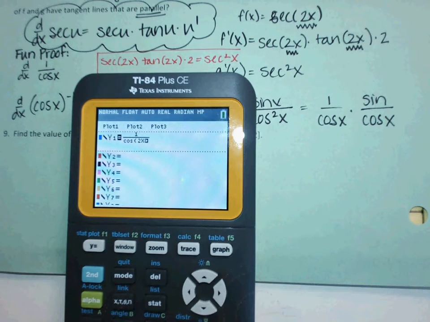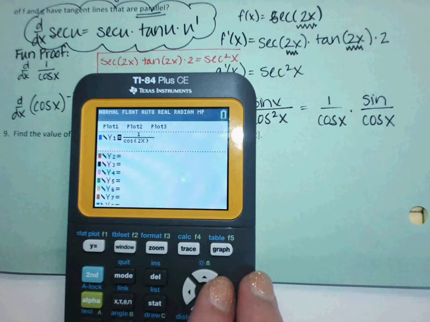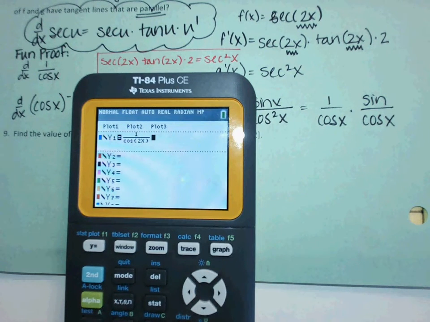Then times tan x. I'm entering the left side, which doesn't have the square, but when I get to the right side, I will have to square. So I have secant 2x is 1 over cosine 2x. Then I have a tan 2x, and then times a what? 2. So that's my y1.